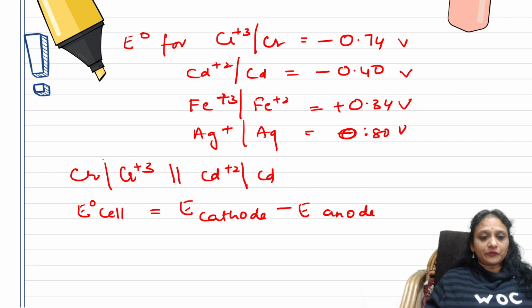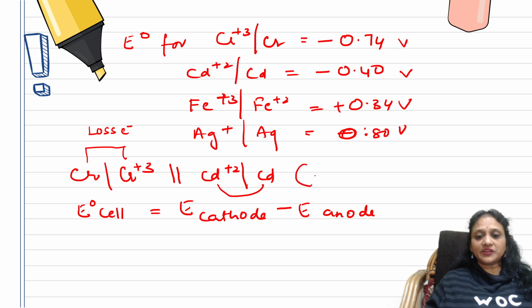Chromium to Cr plus 3, loss of electrons. 3 electrons are lost. Loss of electrons is oxidation. From Cd plus 2 to Cd, gain of electrons, so reduction. So this is your cathode. Reduction always happens at the cathode. Oxidation always happens at the anode.